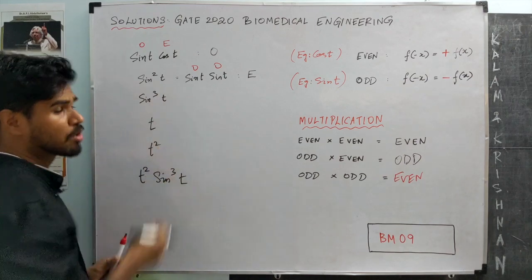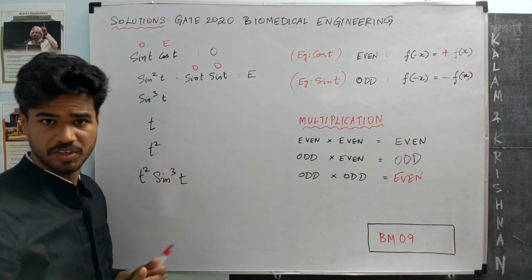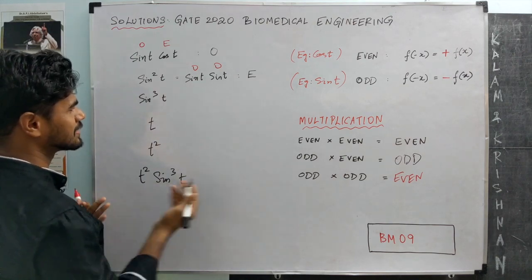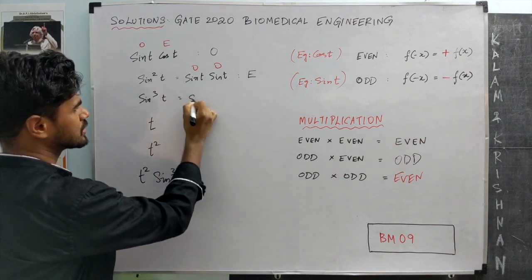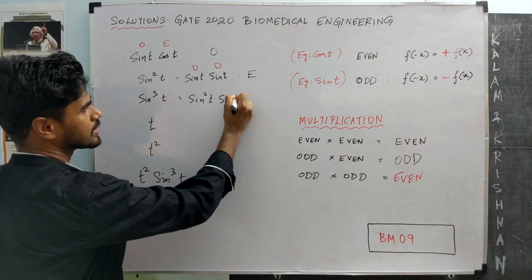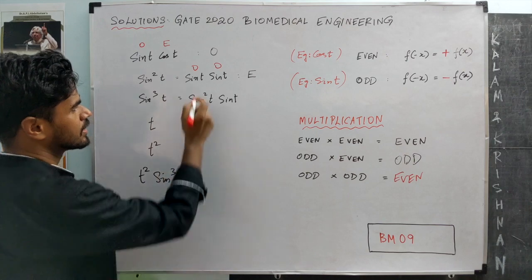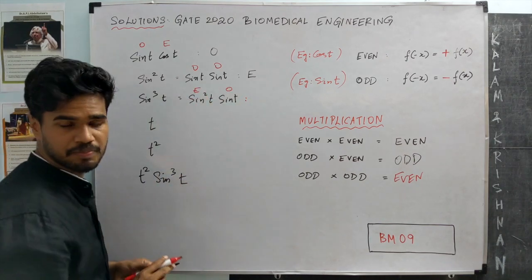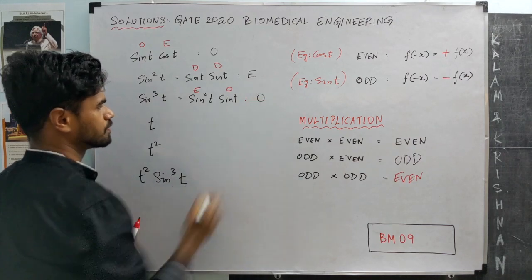How about sin cube of t? That's pretty simple. We already know what sin square of t is. Sin square of t times sin t. What is sin square of t? This is even, this is odd, so this product is odd.